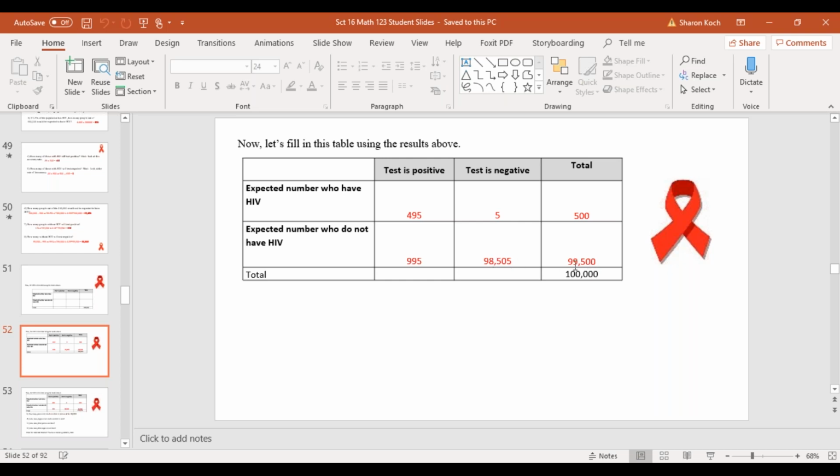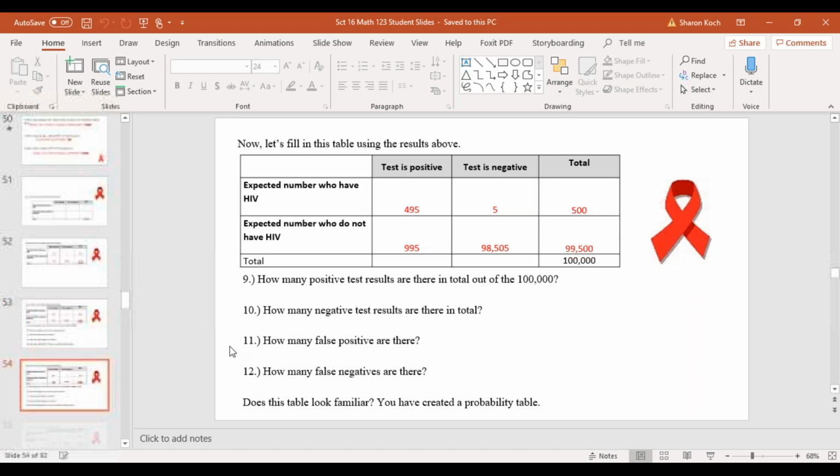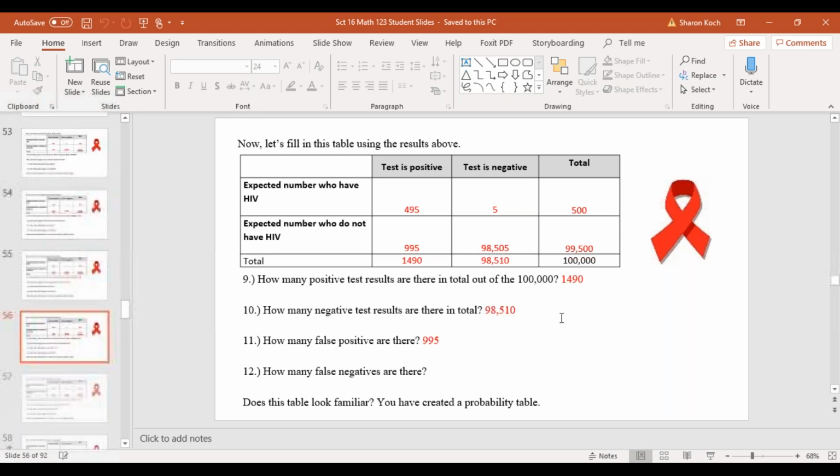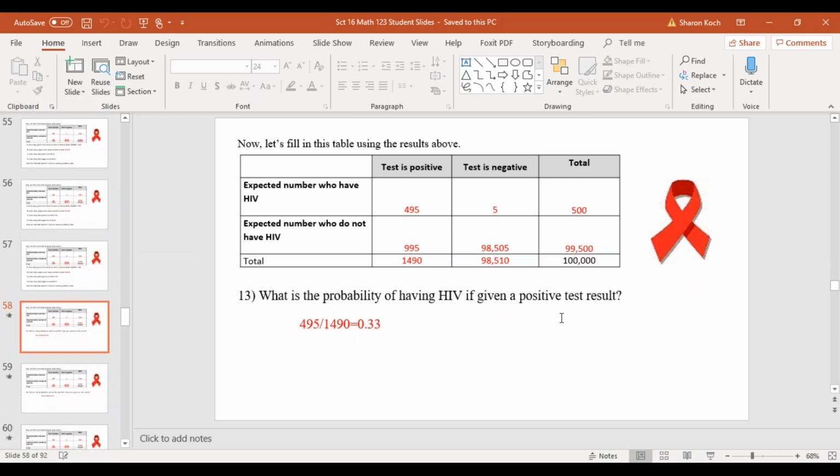Then I do a subtraction between these two and find this number here. Now we're going to total these columns here. Remember, the horizontal and vertical columns should total that 100,000.